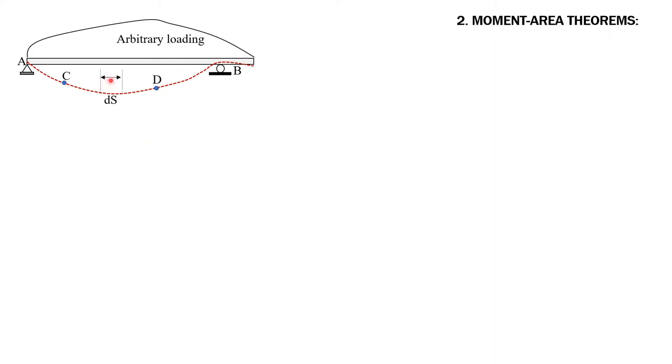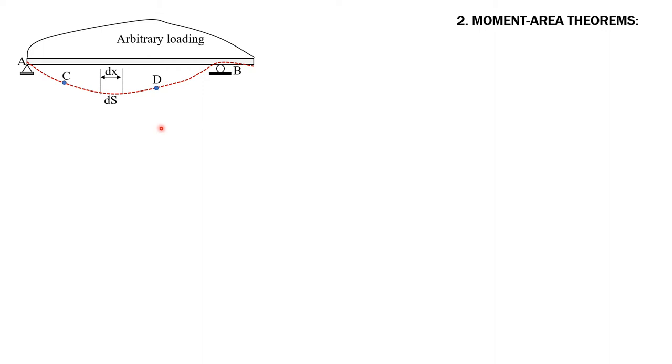And the horizontal projection of this ds is denoted by dx, and we learned from the double integration method that the horizontal projection of ds is practically equal to the differential length dx because slopes in beams are usually very small.